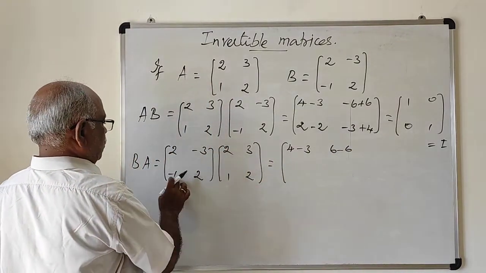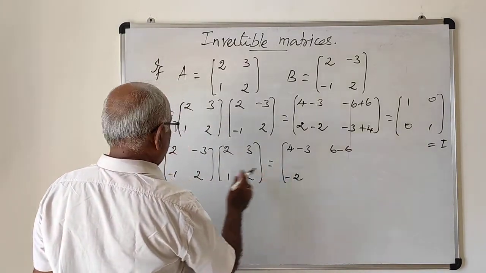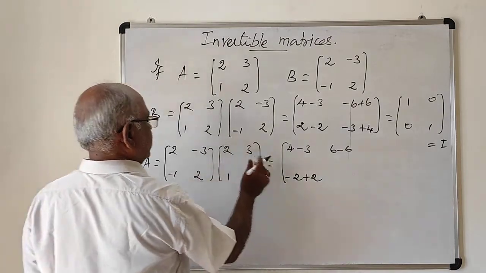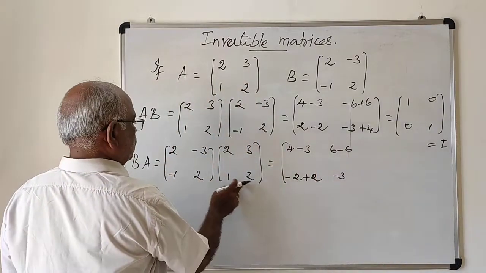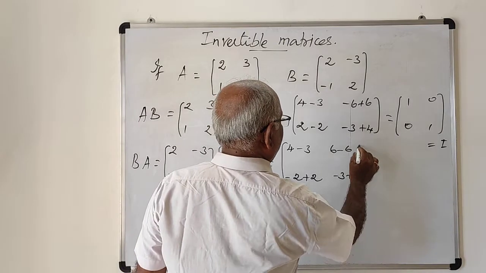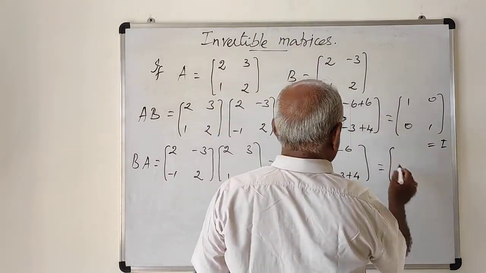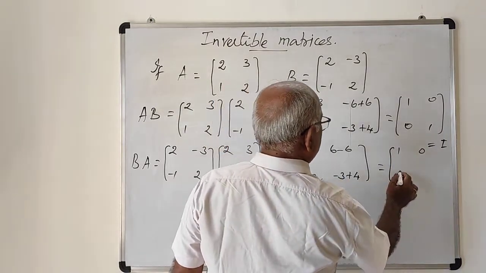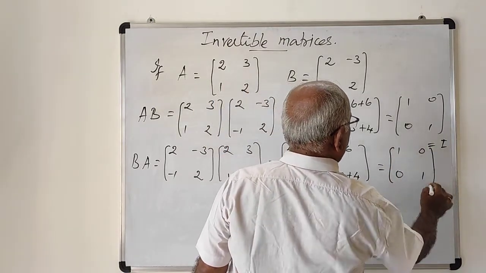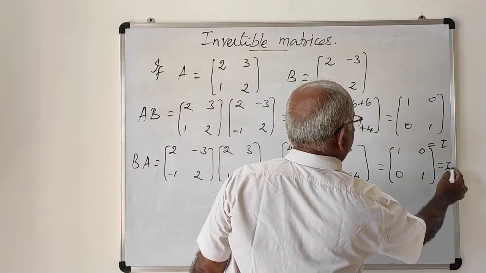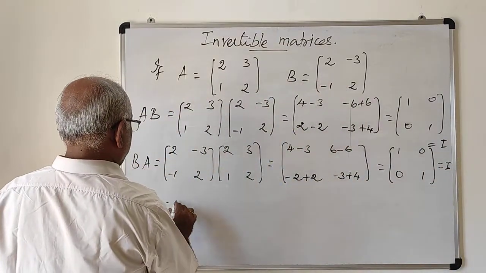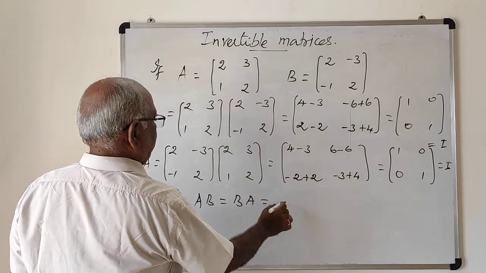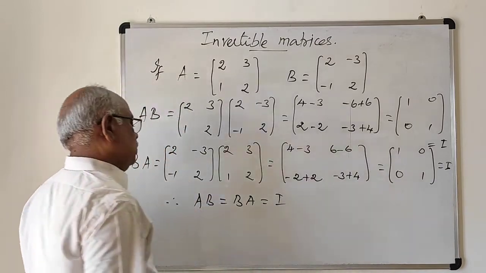Second row, first column: minus 1 into 2 is minus 2, and 2 into 1 is plus 2. Second row, second column: minus 1 into 3 is minus 3, and 2 twos are 4. Again, this is 4 minus 3, 1; 6 minus 6, 0; minus 2 plus 2, 0; 4 minus 3, 1, which is also I. Therefore, we derived AB equal to BA equal to the identity of the same order 2.